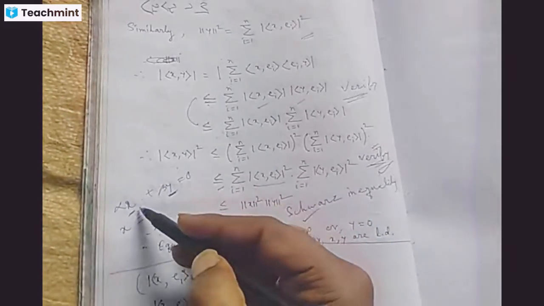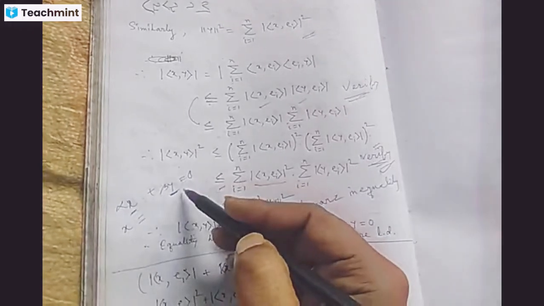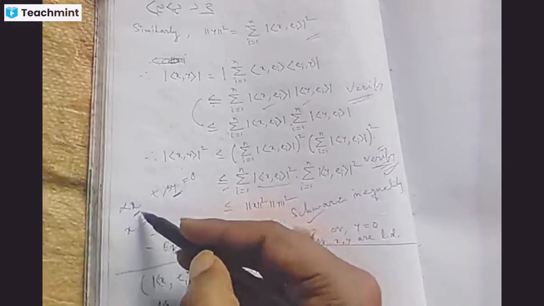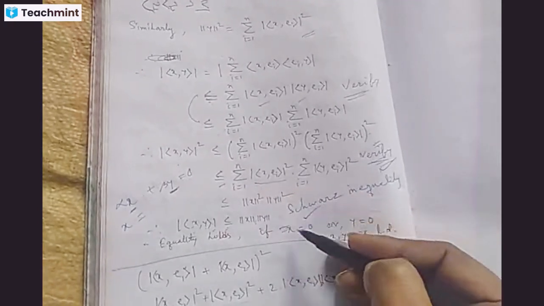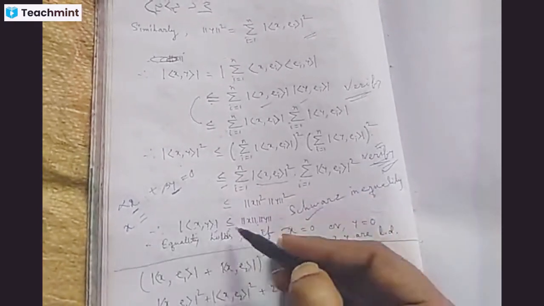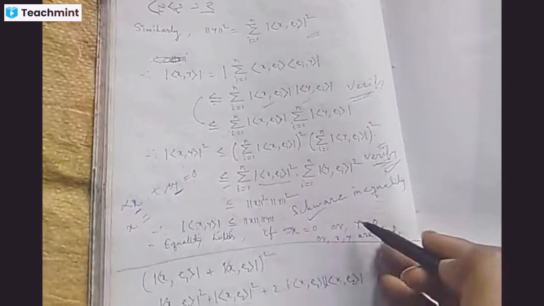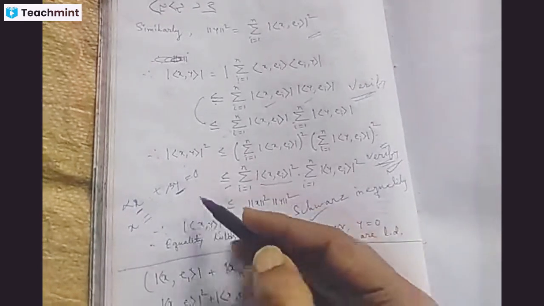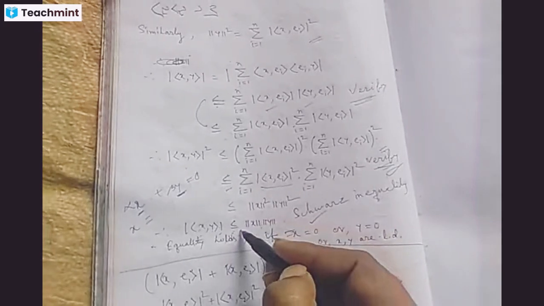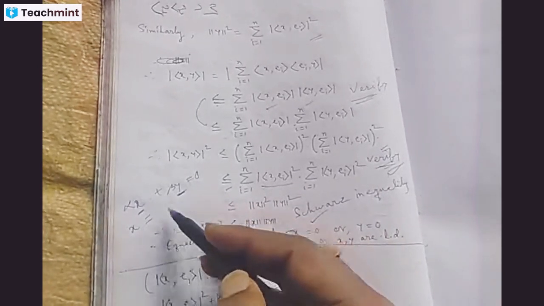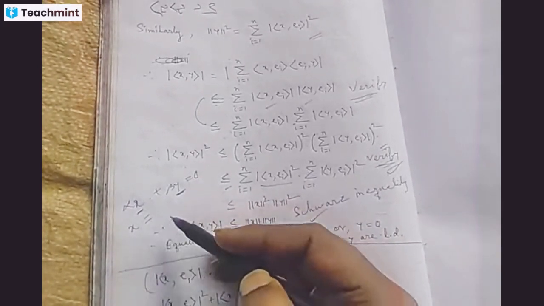So they are linearly dependent. If any two vectors taken from the inner product space V are linearly dependent, then the equality sign holds, and we will get a relation between x and y.